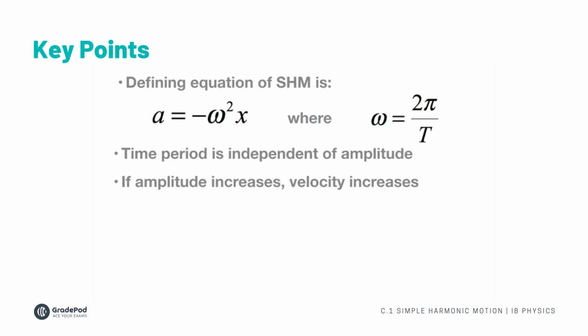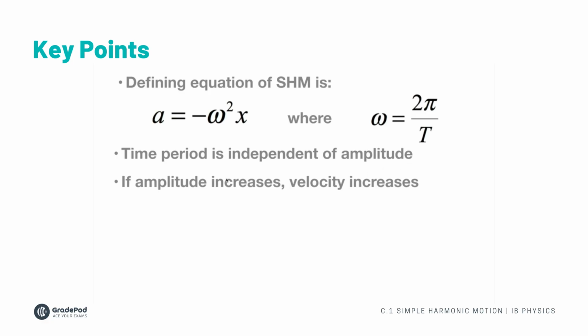So if we look back at this defining equation for SHM, if omega squared is a constant, then acceleration and displacement are proportional, and the minus sign suggests that they act in opposite directions. Now this means that omega has to be a constant. So if omega is equal to 2 pi over T, then T must be constant throughout, and T stands for time period.